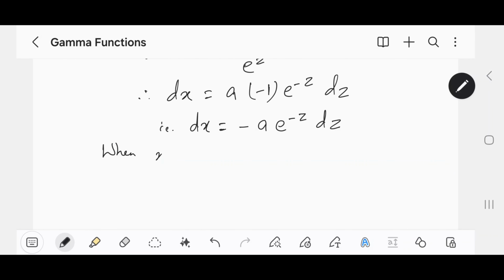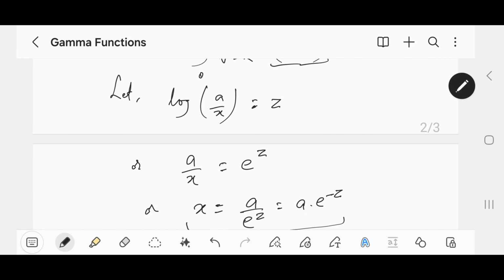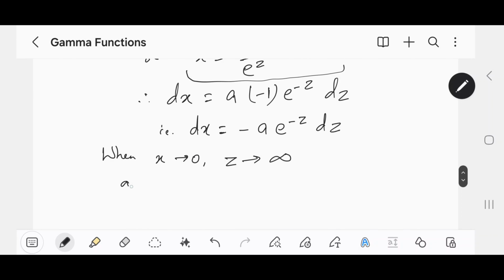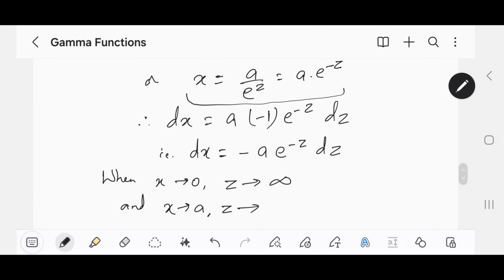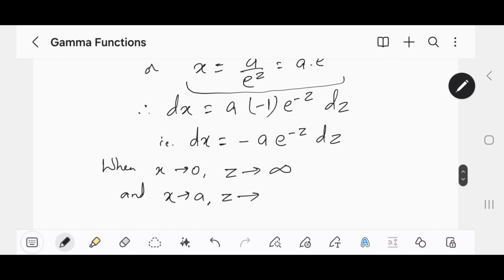When x tends to 0, log infinity, z will be infinity. And x tends to a means z tends to log 1, and log 1 is 0. So these are the limits.